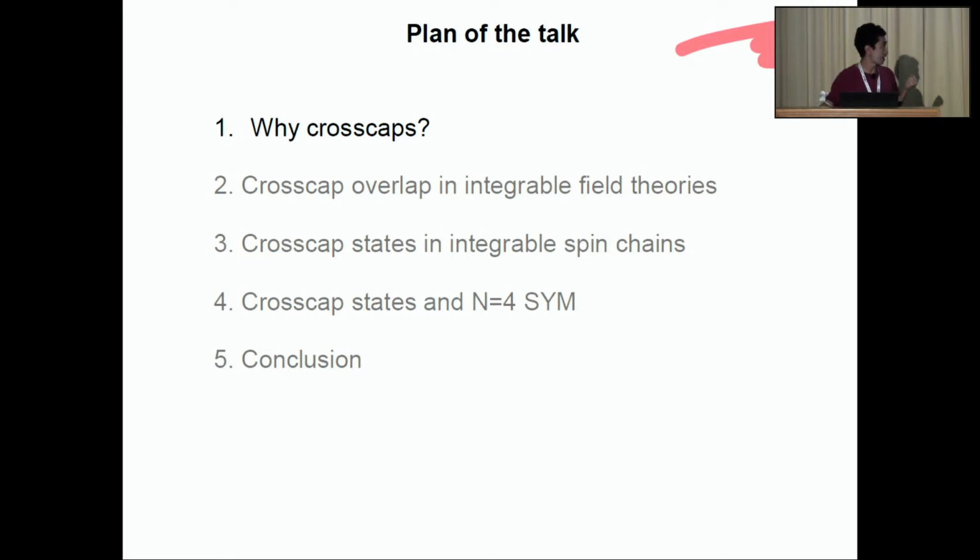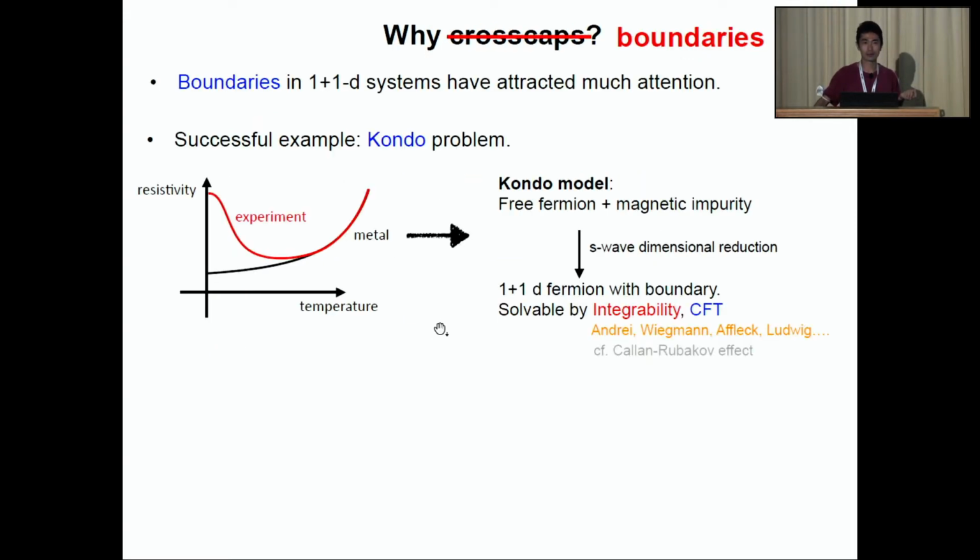So let me first start by explaining why studying crosscaps is interesting. But before talking about the crosscap, let me first talk about something related, which is the boundary. In the past, boundaries in 1+1 dimensional systems have attracted much attention. One of the most successful examples is the Kondo problem, which is basically the following statement.